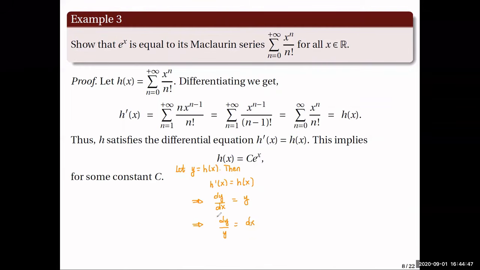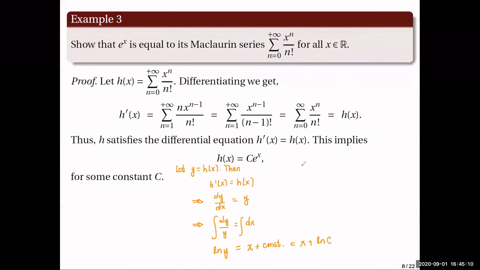Now, taking the integral of both sides, on the left-hand side, we will get ln of y. On the right-hand side, we will get x plus some constant. Now, let's take this constant to be, say, ln of c.